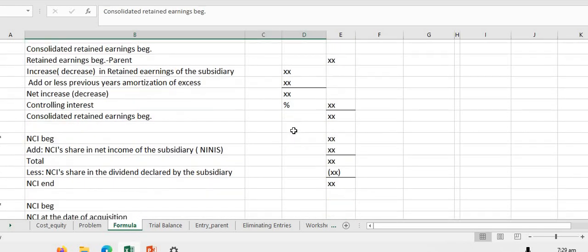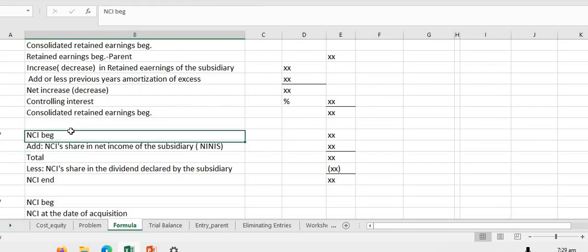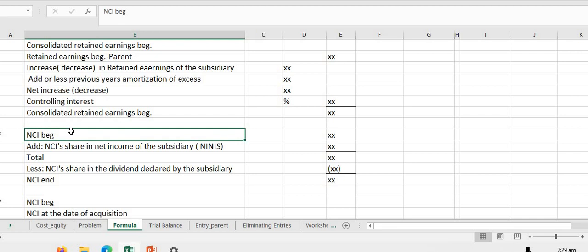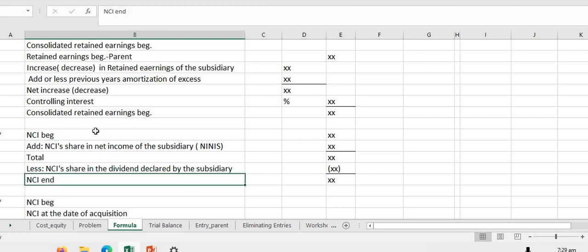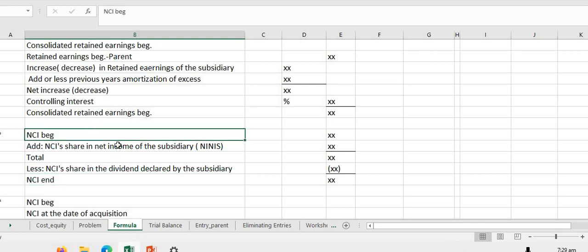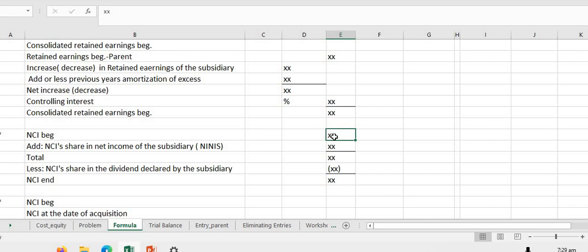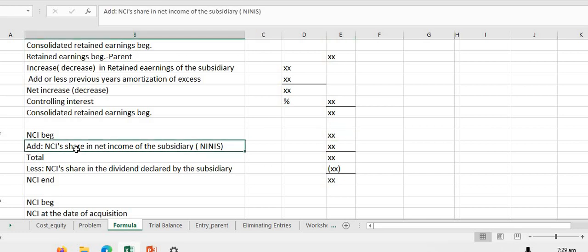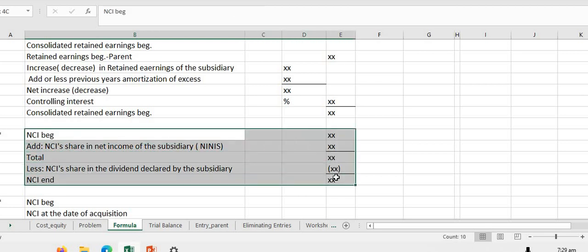Okay? Also, to compute for your non-controlling interest, if in case it's a partially owned corporation, so you have here NCI beginning. NCI beginning, and then add lang natin yung share ni NCI sa net income of the subsidiary, less natin NCI share in the dividend declared by the subsidiary. Actually, that's the same computation for the retained earnings.